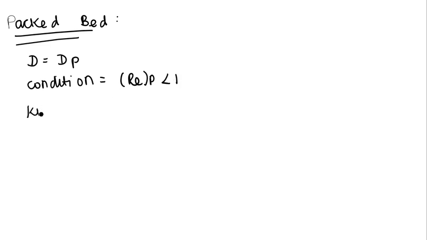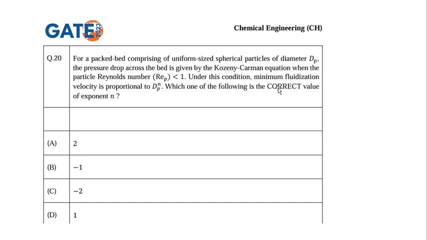Then we apply the Kozeny-Carman equation. And what we need to find is at minimum fluidization, the velocity is proportional to dp to the power n.